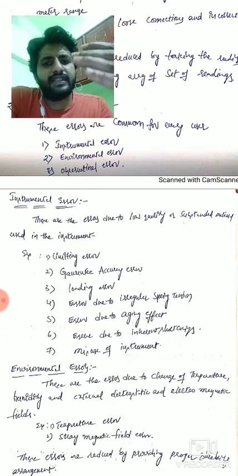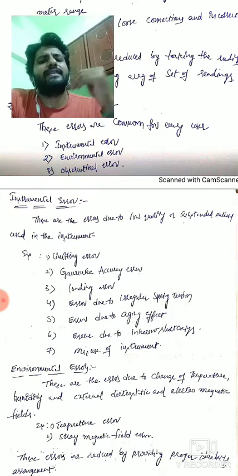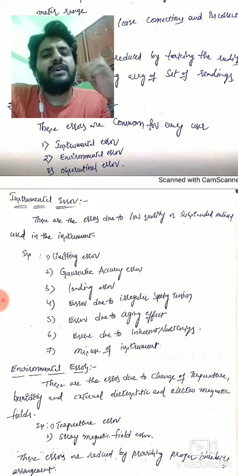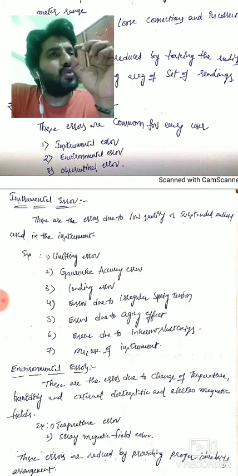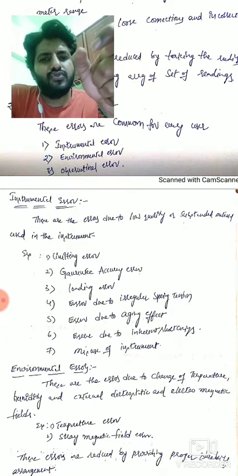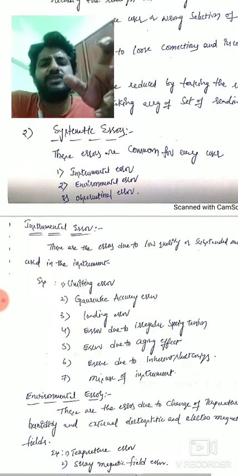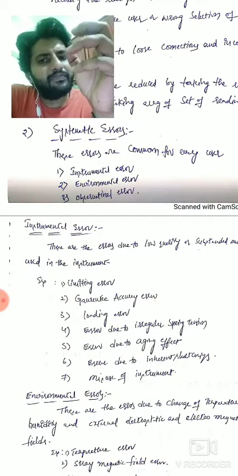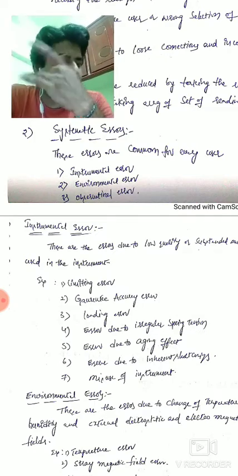So this type of error we can call an instrumental error. Once again, these are the errors due to the low quality of instruments. Low quality means low standard materials used in an instrument. These types of instruments will give errors.